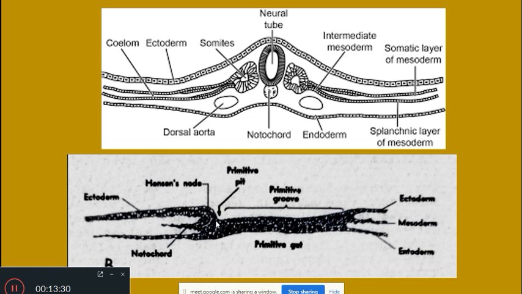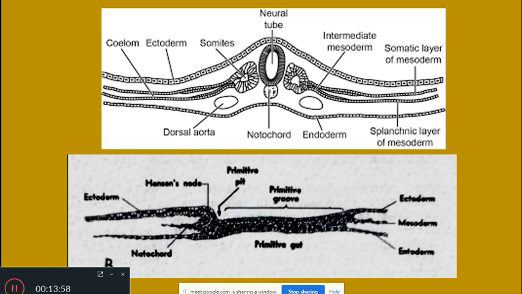So you can consider it equivalent, not similar in structure but equivalent, to the dorsal lip of the blastopore of the frog embryo. So if you are asked a question, what is the area in chick embryo which is similar in function to the dorsal lip of blastopore with regard to notochord development, you can answer the Hensen's node. Okay, because it is from the Hensen's node that the notochord starts developing.